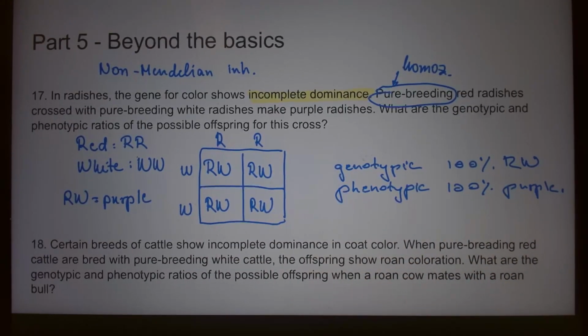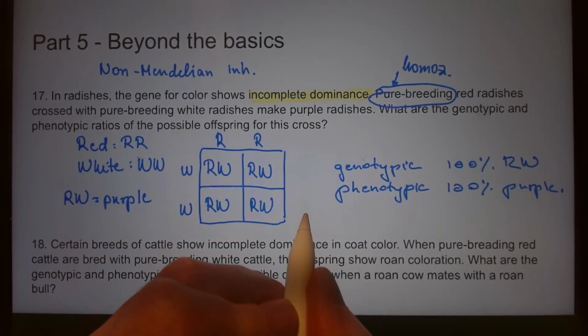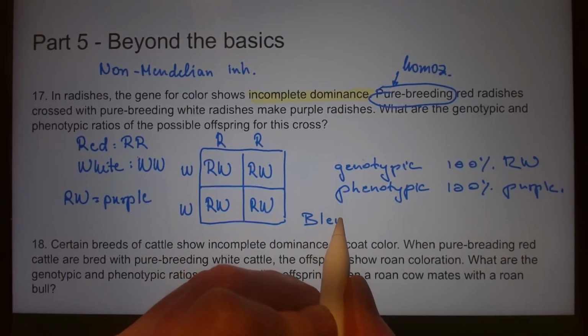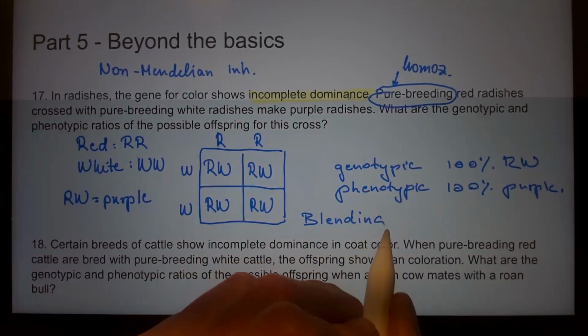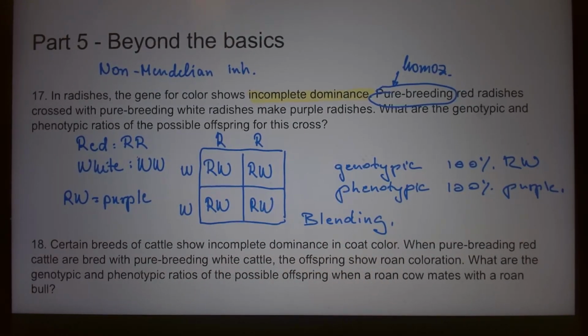Now, at this point, with incomplete dominance, think about kind of blending, because both of the colors are going to be expressed, and the red pigment will be mixed with the white pigment, and they are going to end up as a purple pigment color.